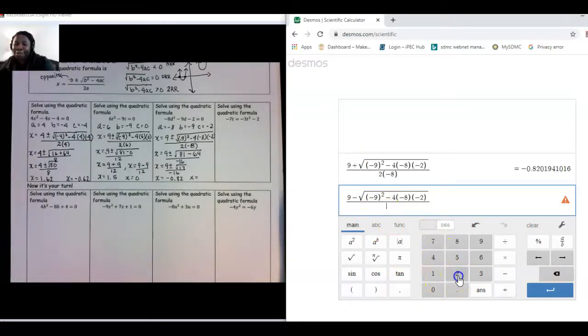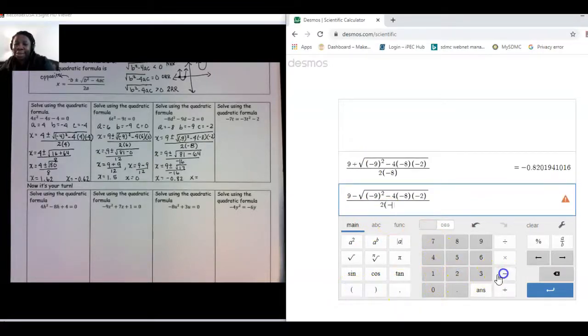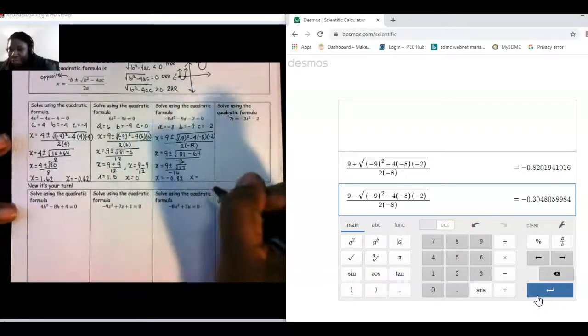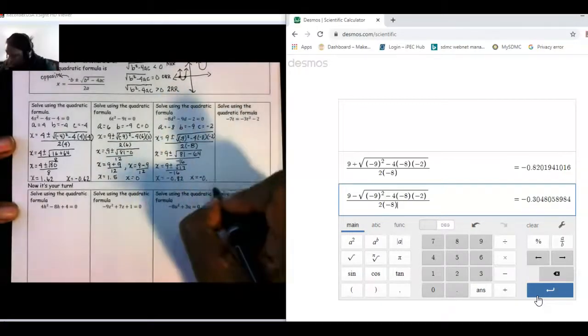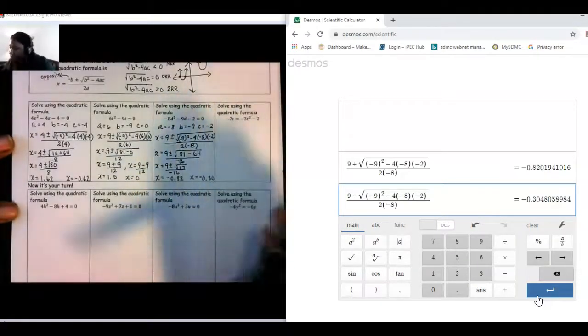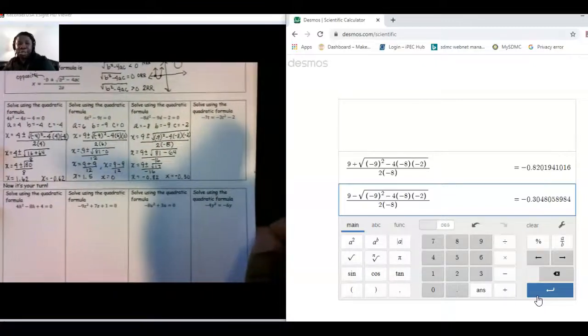So be real careful with that, guys, because if you don't pay attention to your signs, you're definitely going to end up with a wrong answer and you'll be frustrated because IXL will keep telling you it's wrong. So the other zero is at negative 0.30. All right, let's do the final one.